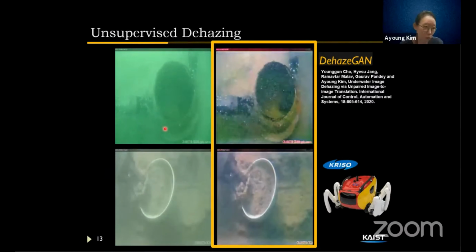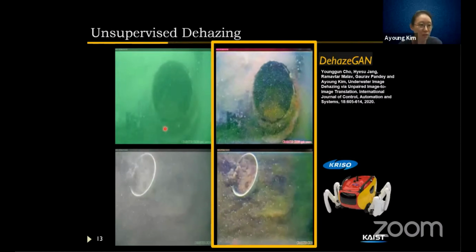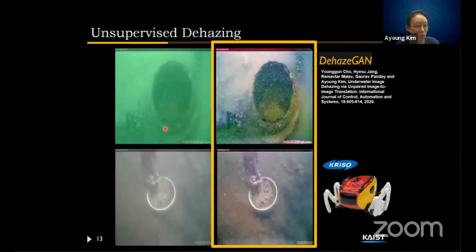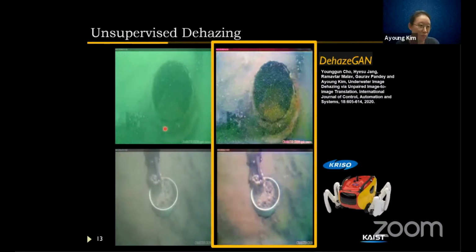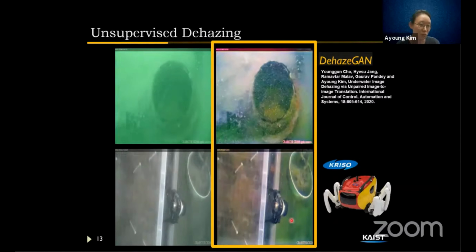We tried model-based, multi-band diffusion, or the CNN-based one, but what we found out is the GAN-based approach worked out most nicely for this video sequence, and also very fast. So that was on the camera side to make these degraded images better.